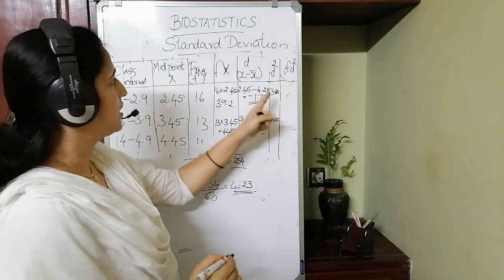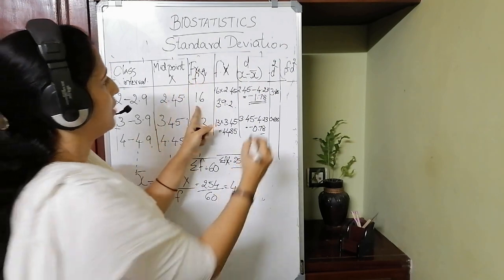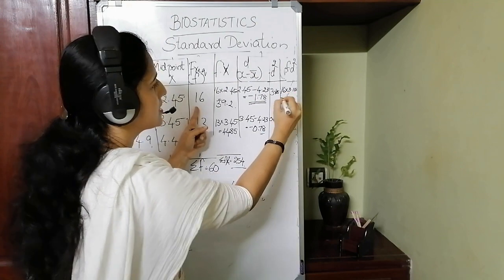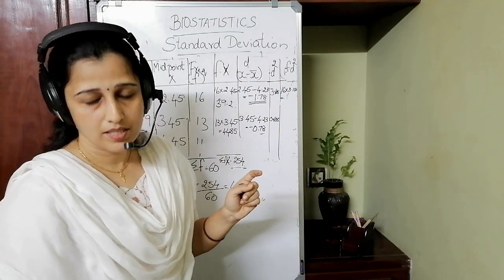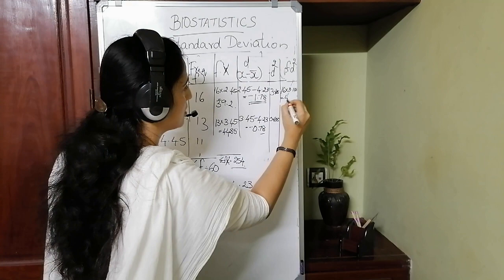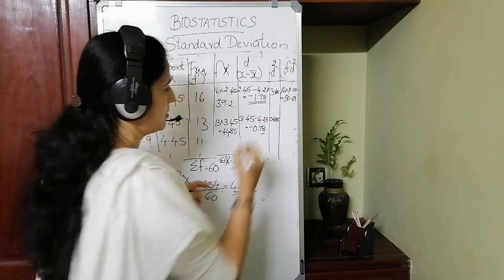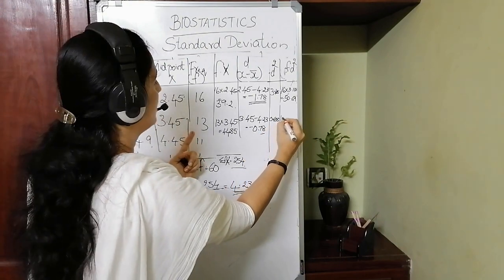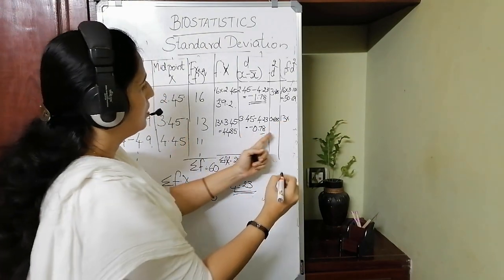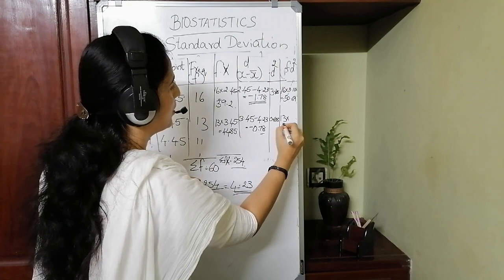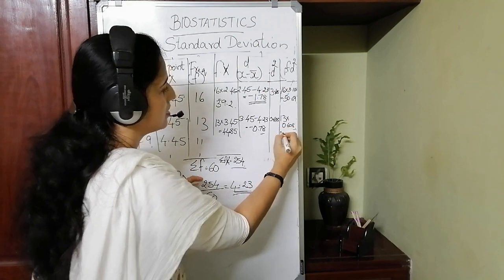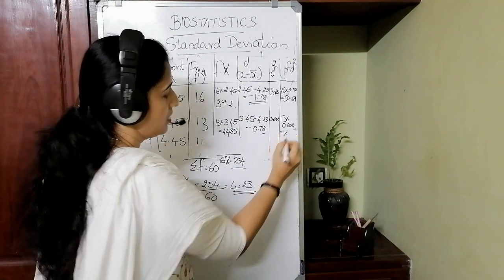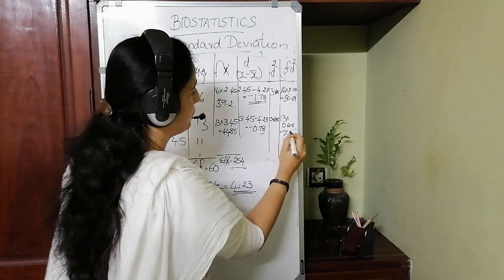Then here the next column f into d square. D square we have computed here. F is here. The f into d square means 16 into 3.168, which is equal to 50.69. Here also the frequency is 13, so 13 into 0.608 is equal to 7.904.